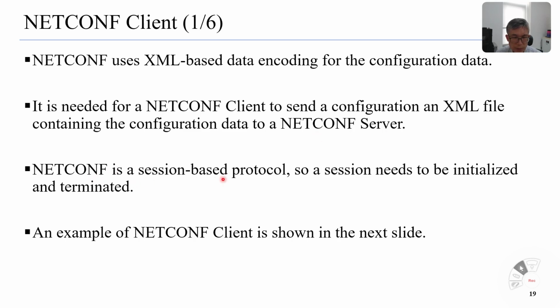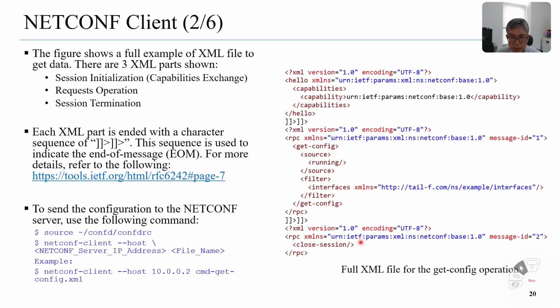NETCONF is a session-based protocol, so a session needs to be initialized and operated, and after that terminated. An example of a NETCONF client is shown in the next slide.